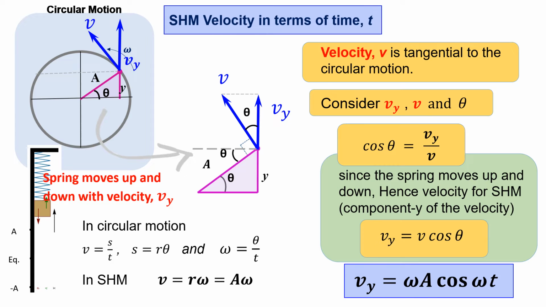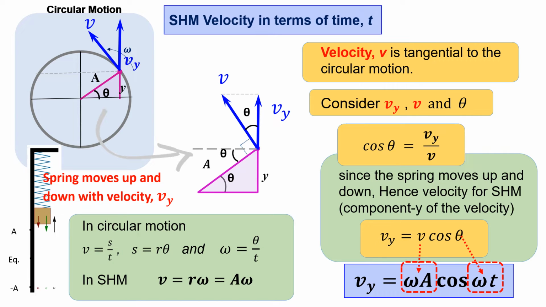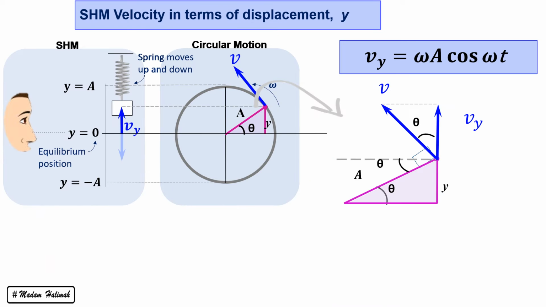Just substitute V and theta, which is V is equal to omega A and theta is equal to omega t.